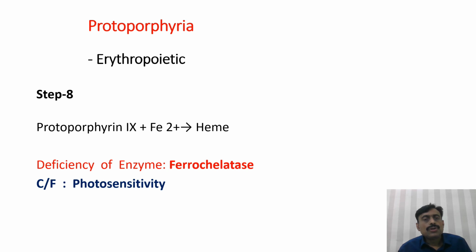Iron, Fe2+, combines with protoporphyrin 9, which is formed in step 7, in the presence of the enzyme ferrochelatase to form heme in the heme biosynthesis pathway. If ferrochelatase is deficient, that leads to a condition called protoporphyria, and the important clinical feature is photosensitivity.